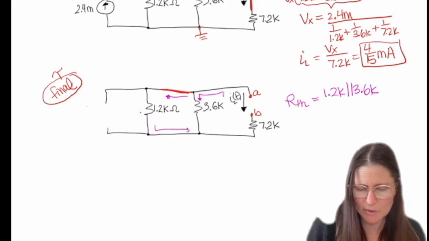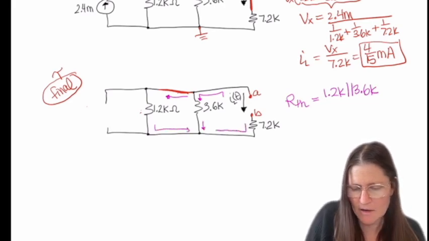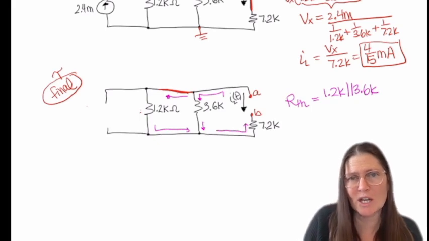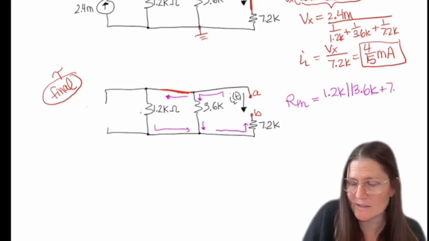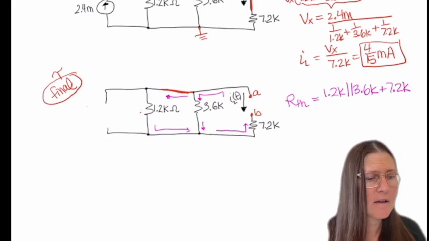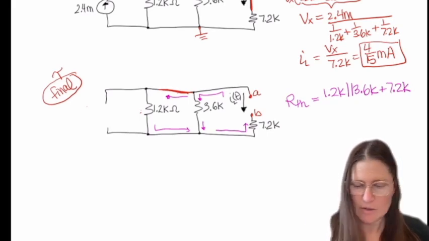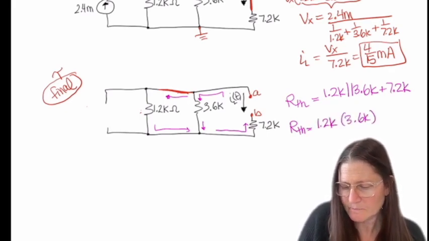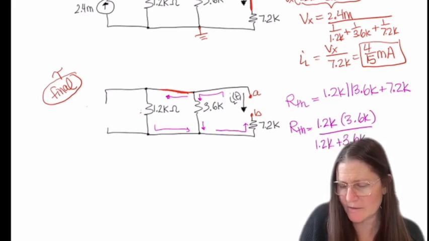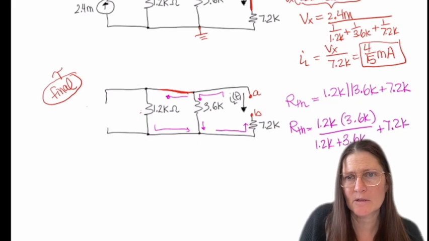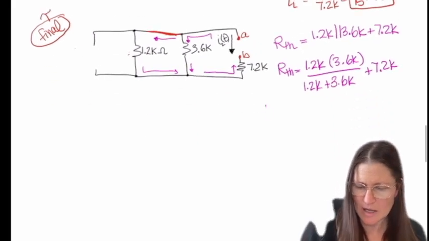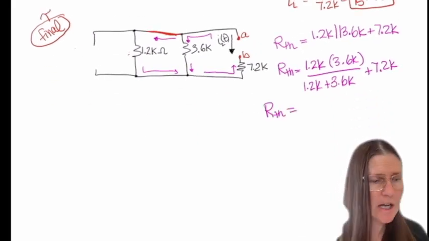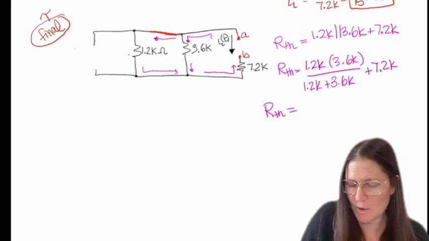Then those 2 pathways join again and go through the 7.2k to get to B, so it's going to be plus 7.2k. This then becomes 1.2k times 3.6k over 1.2k plus 3.6k, plus the 7.2k. This yields an RTH of 8.1k.